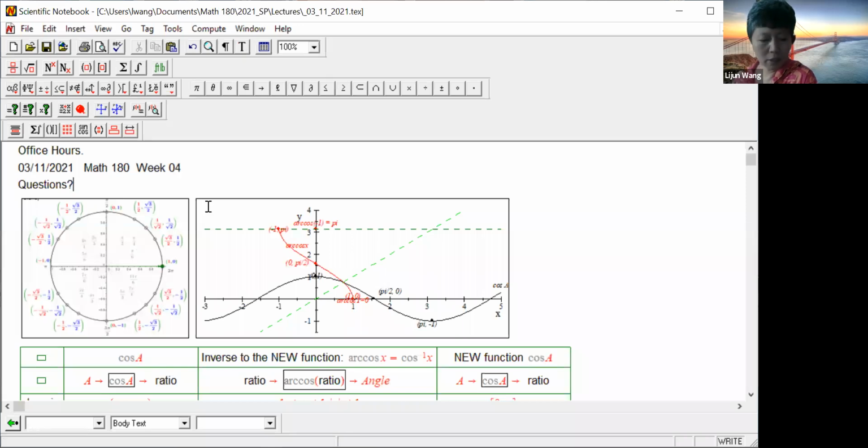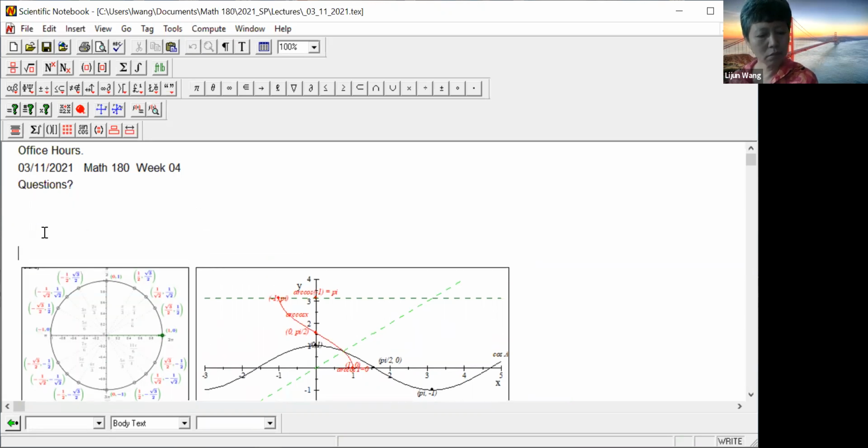So let's look at the cosine. For cosine, I'm going to pick some questions.